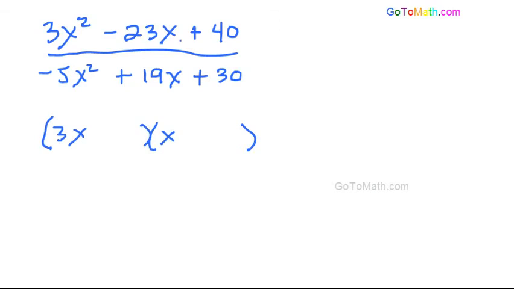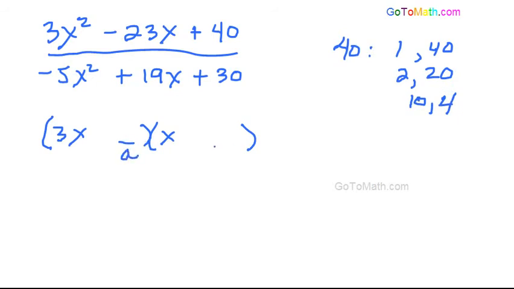Alright, and so we have a 40. Let's take a look at this. So it's going to be 1 and 40, 2 and 20. Oh my god, that's 5 and 8, it could be 10 and 4. Could be a lot of things. This ought to be fun. Alright, so this is our A, and this is going to be our B. Now we got a plus here and a minus here.